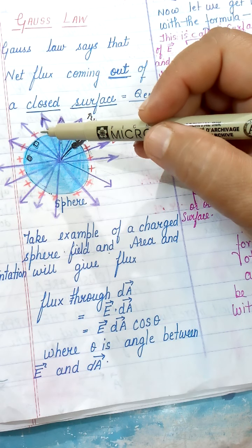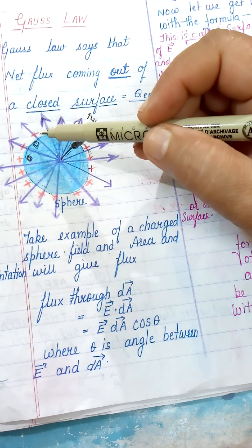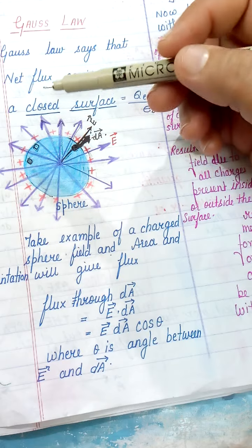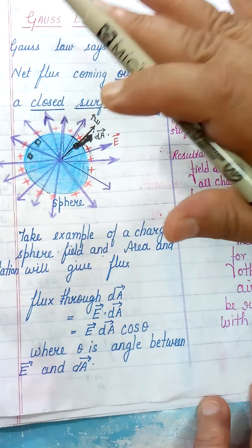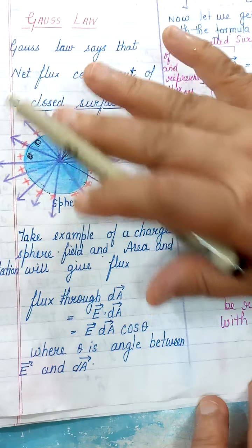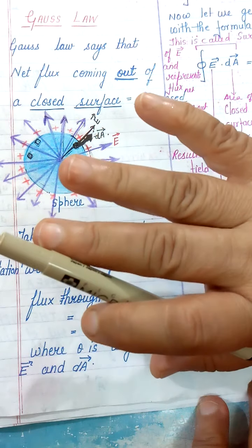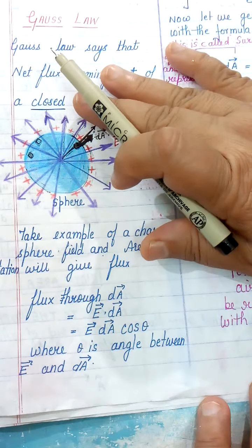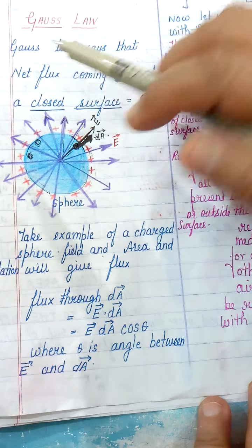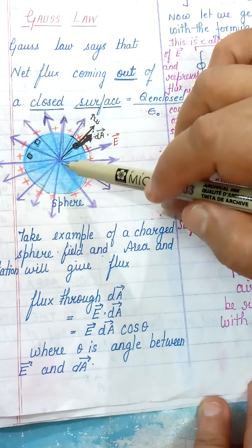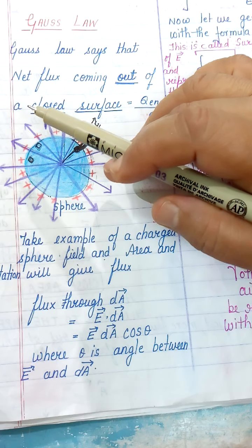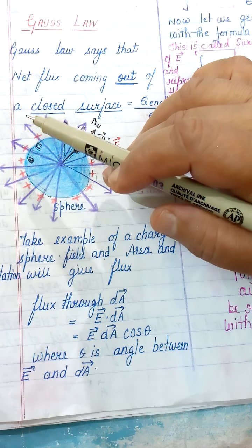Whatever flux is associated with that element area, we will calculate first. Once we have calculated it, we will integrate it for the whole surface. That is the way to calculate flux associated with this uniformly charged spherical surface, right?